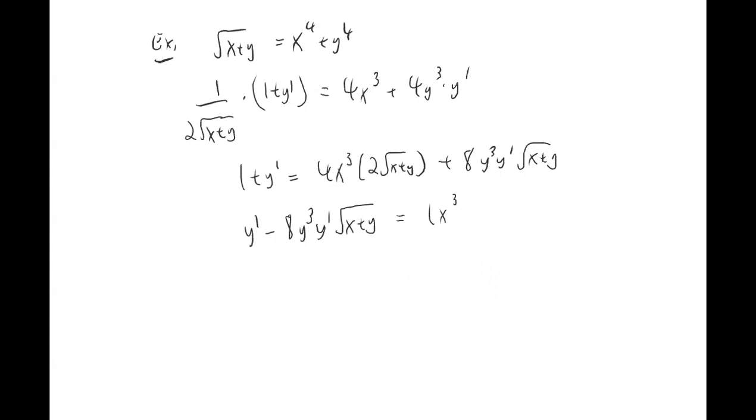So 4 times 2 is 8. So 8x cubed square root of x plus y minus 1. And then from here, you factor out y prime and then you're done. y prime equals that over 8y cubed root x plus y.